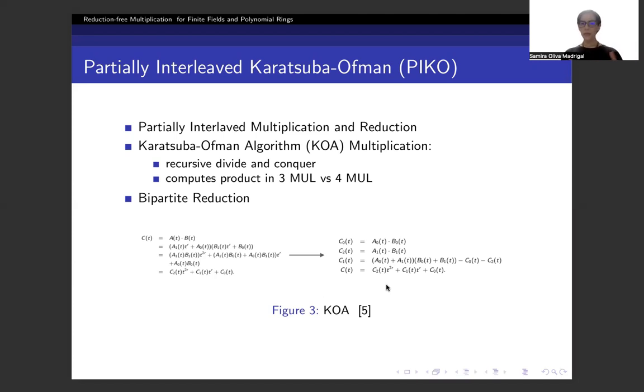And as you know, Karatsuba-Ofman is a recursive divide and conquer algorithm that allows us to compute the product of two-digit numbers using 3 multiplications as opposed to 4 multiplications.